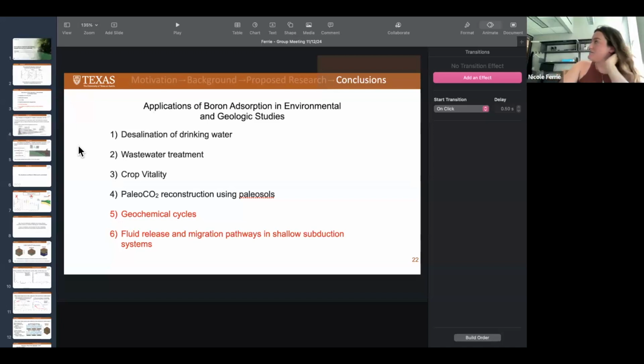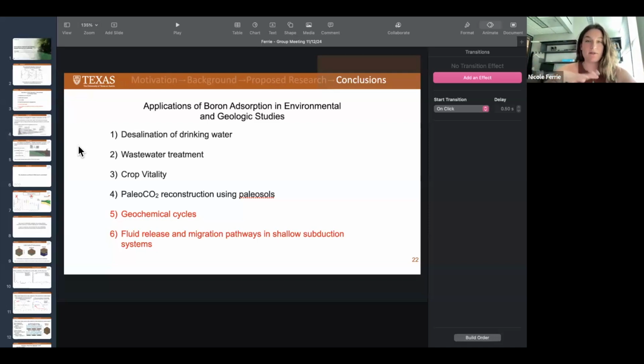Yeah, so right now I am in Houston at Rice, and I'm doing ICP-MS because when you do these boron adsorption experiments, you take the clay and then you powder it. You take the clay from the drill core, powder it, and you take all the boron off that's already adsorbed on the surface.